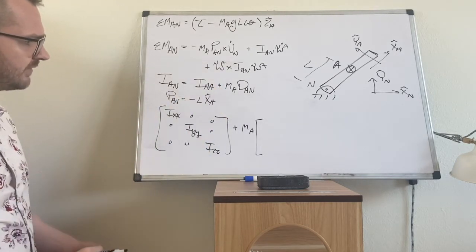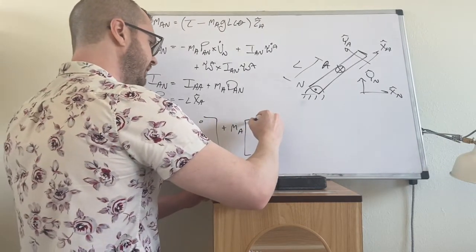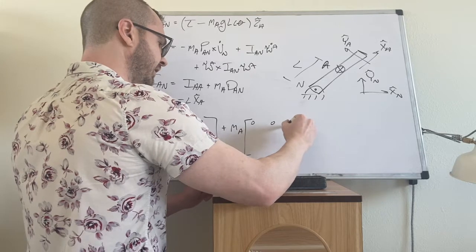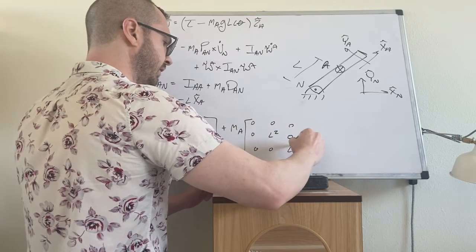So there's only a displacement in the x, no components in the y or z. So this displacement dyadic is going to look like this: 0, L squared, 0, 0, L squared.